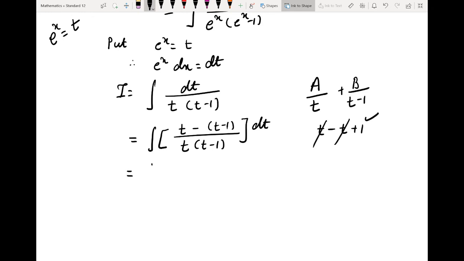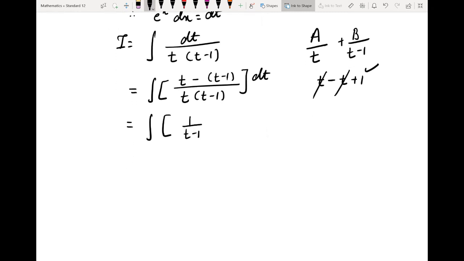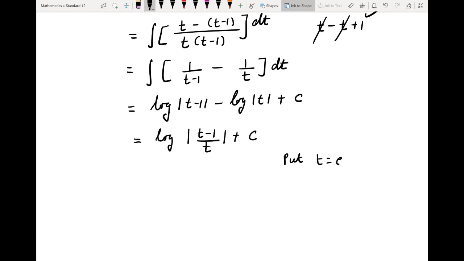Now divide each term by the denominator: 1 upon t minus 1 minus 1 upon t dt. Term-wise we can integrate: log mod t minus 1 minus log mod t plus constant of integration, and we can simplify log a minus log b as log a by b: log mod t minus 1 upon t plus constant of integration c.